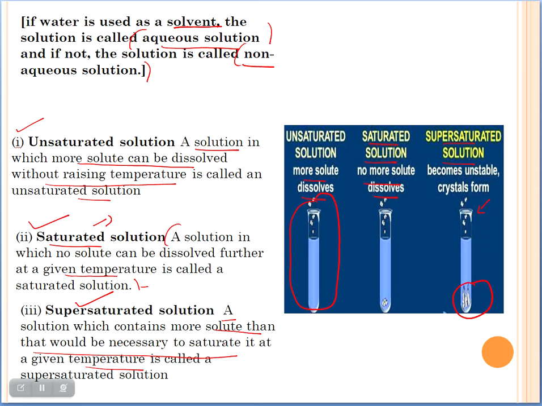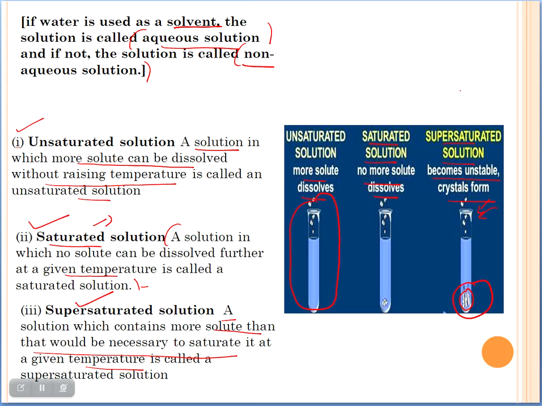A solution which contains more solute than would be necessary to saturate. It already contains solute, again we are adding more solute in it, that forms crystals, and that becomes the supersaturated solution. That extra solute will be in crystal form. It becomes unstable and undissolved. I think this is clear.